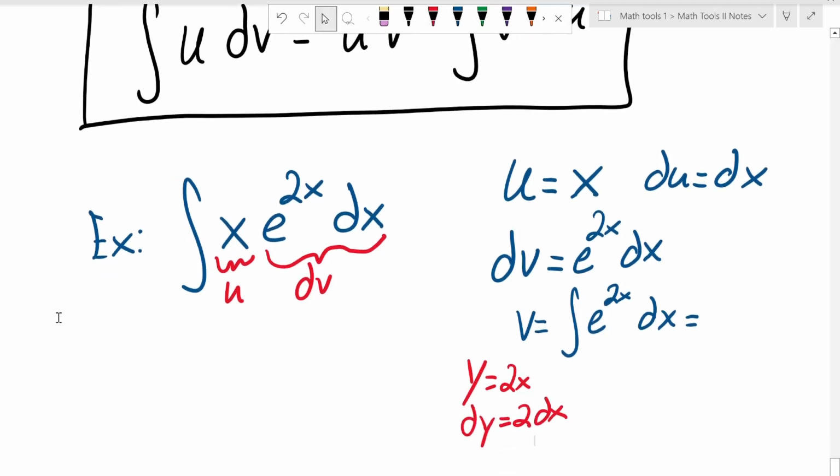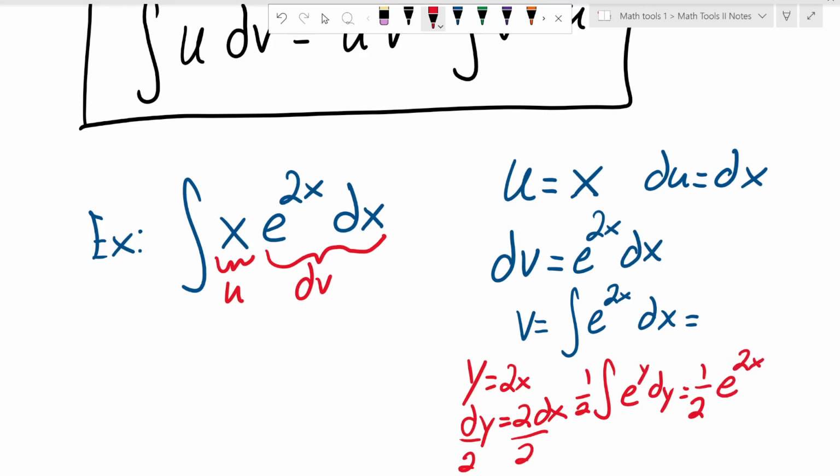Then you have the integral of, dividing both sides by 2, 1/2 e to the y dy. So you get 1/2 e to the y, which is going to be 1/2 e to the 2x when you put it back in.